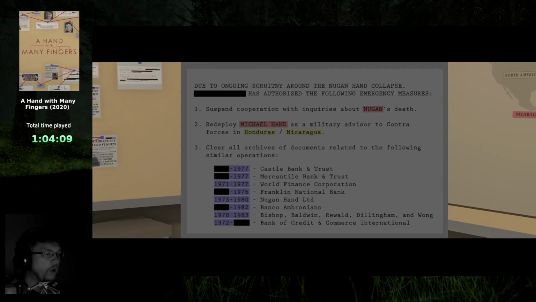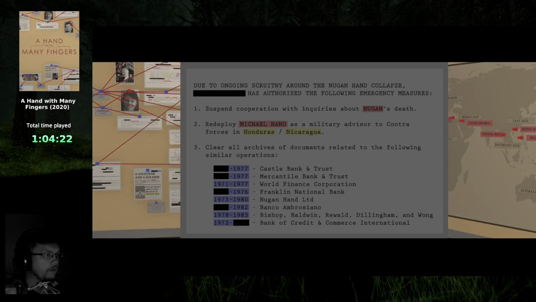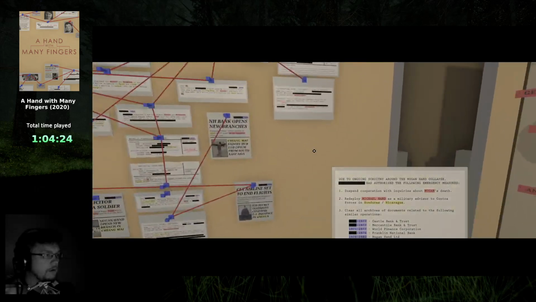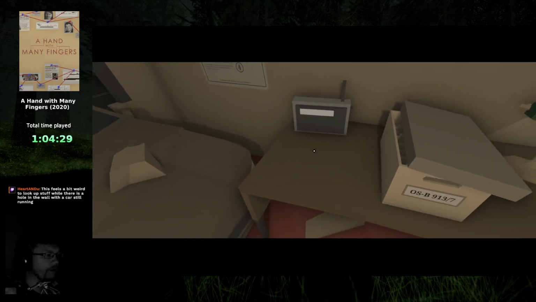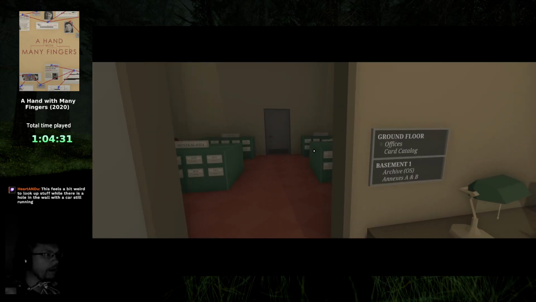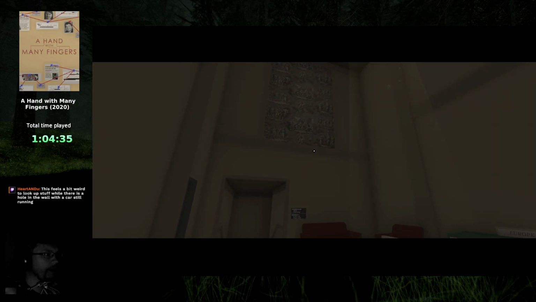Years are way newer. This goes up to 83 at least. So we don't have documents about what happened to Hand in Honduras. But that seems a bit important. And that's probably it.